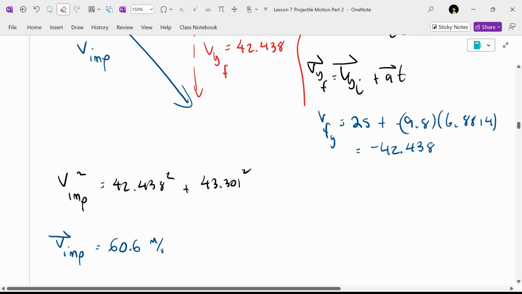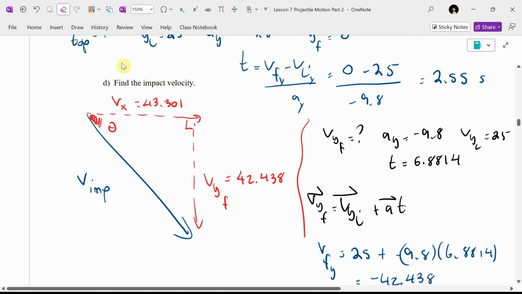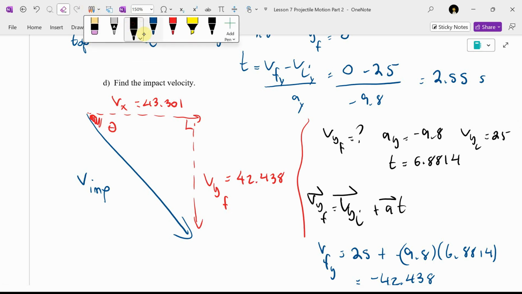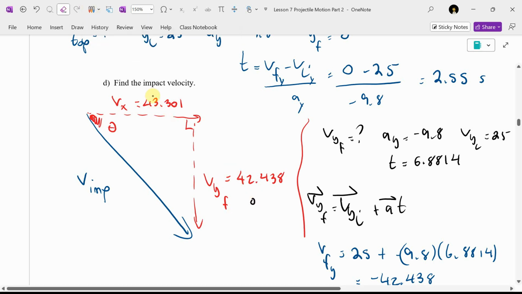They asked us to find the velocity, which means we don't just need a magnitude, we also need a magnitude and direction. So, color. Luke, Vy final, opposite, adjacent, or hypotenuse? What about Vx?